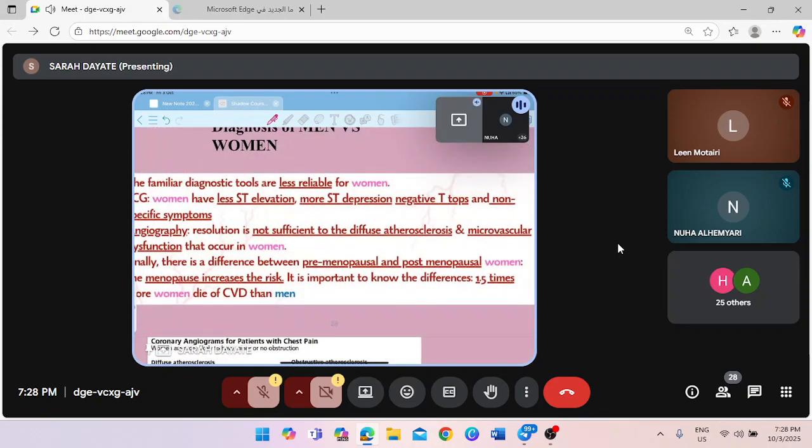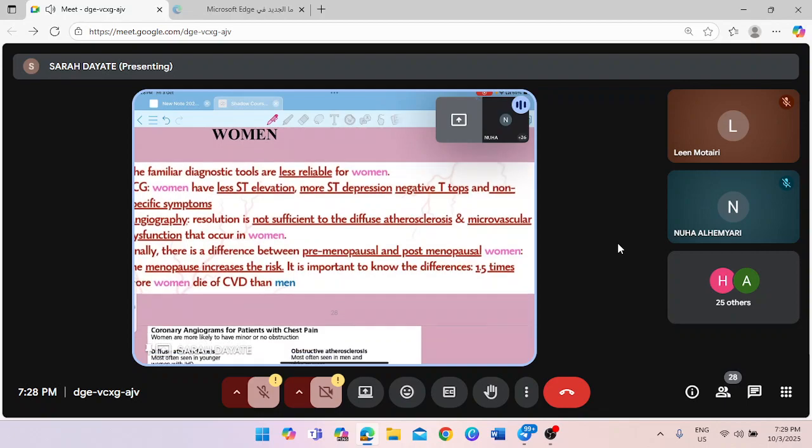Here we have the diagnosis. Women have less ST elevation and more ST depression. They have negative T waves and non-specific symptoms. Angiography resolution is insufficient due to diffuse atherosclerosis or microvascular disease that occurs in women.